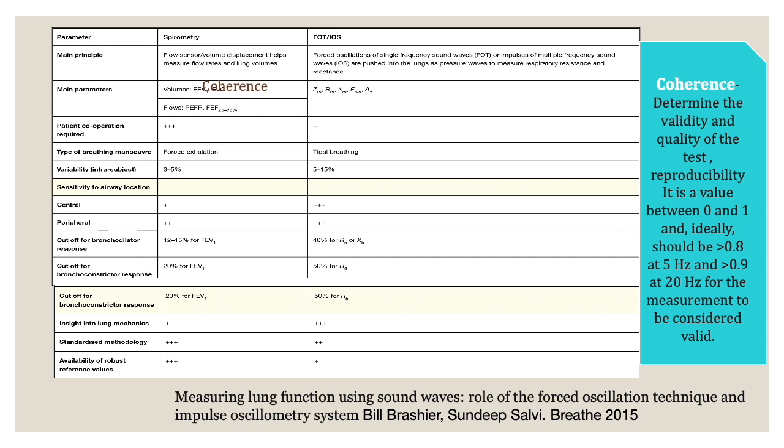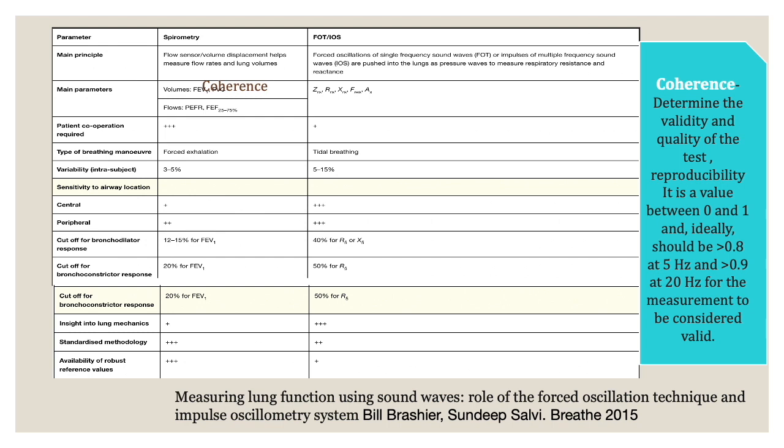In spirometry, you need a lot of cooperation from a patient, and you need the patient to understand. In oscillometry, this is not much required. A spirometer uses forced exhalation and an oscillometer uses normal tidal breathing.